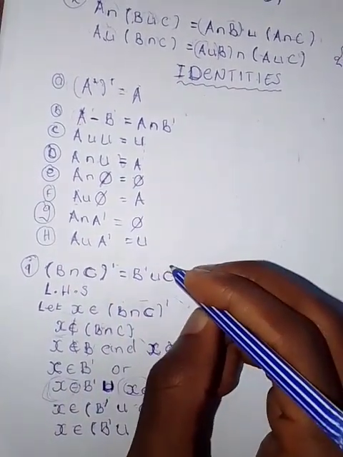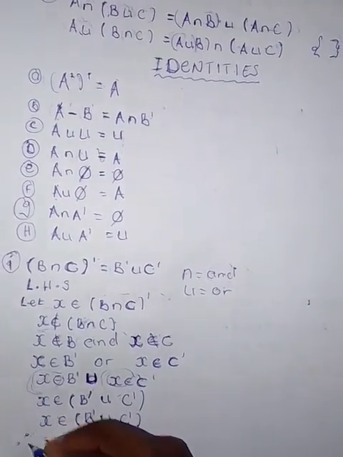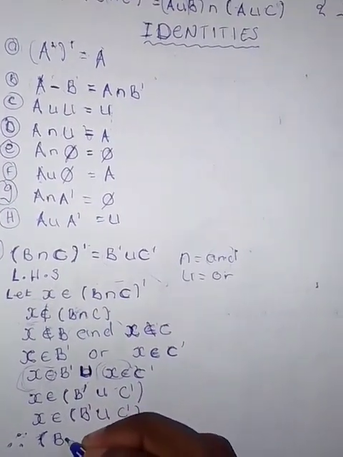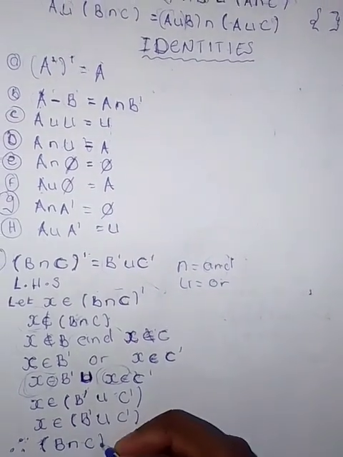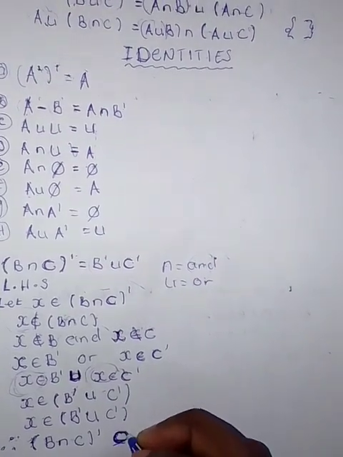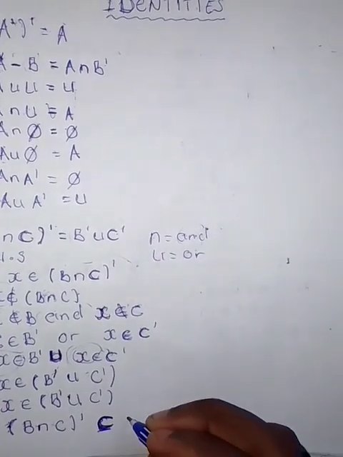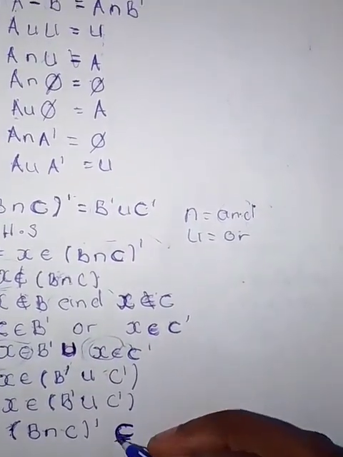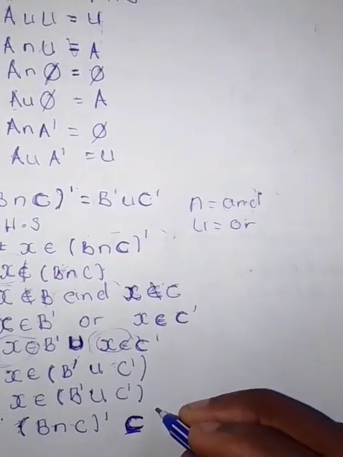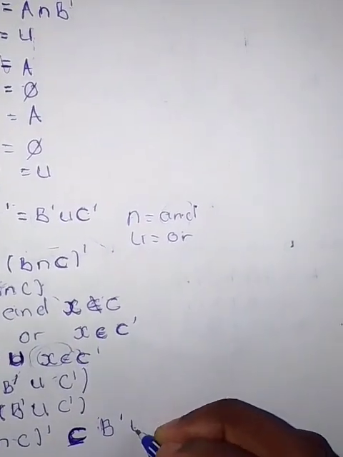So you are going to say therefore B intersection C complement is a subset of B complement union C complement.